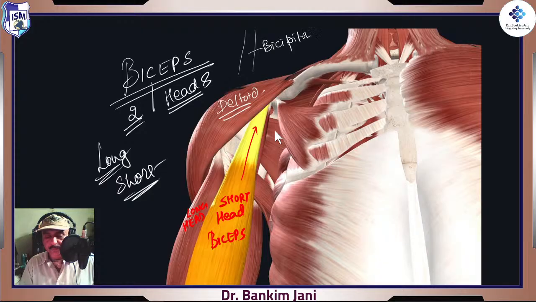Deliberately we gave that name, it is like a depression, like a ridge, and through that it passes. So that long head will pass through that bicipital groove and will go all the way into the capsule.